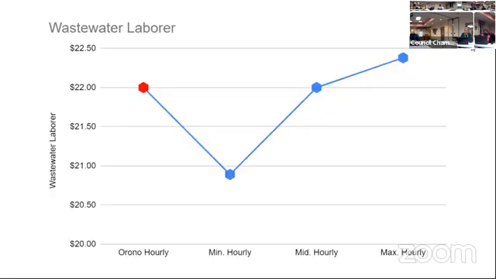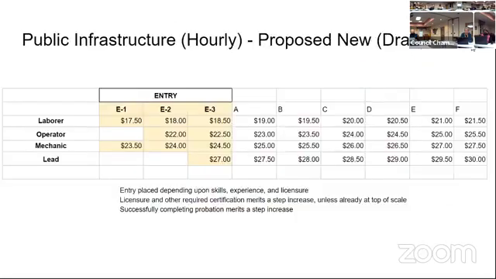And again, that same chart. So again, just to give you a sense of what, based on what we're hearing and seeing. When I look at public infrastructure, I look at trying to create a pay scale that very clearly identifies entry level.